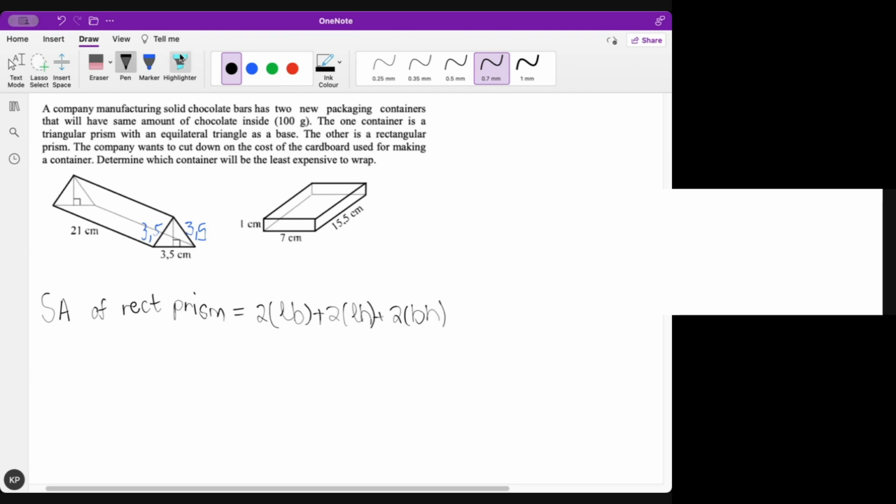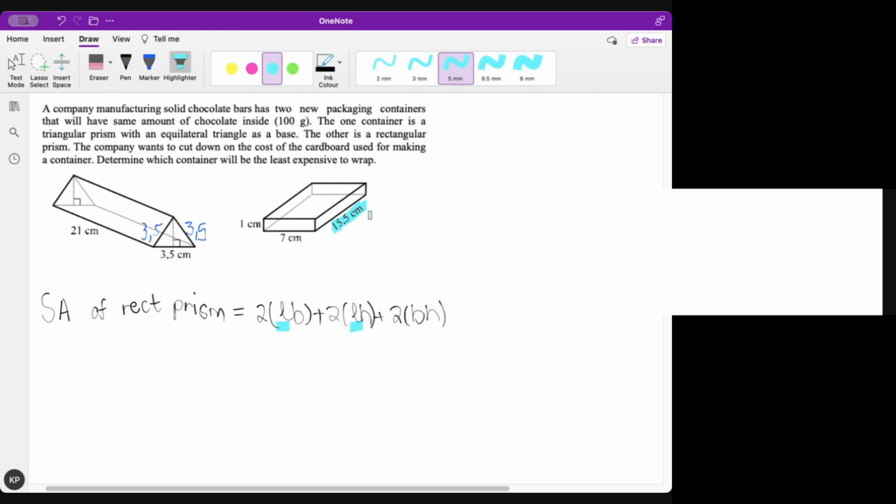And now let's identify them, okay? What is my length in this case? 15.5. Okay. So I always do this in a test just to make sure I am substituting the right things, okay? You don't have to use color.